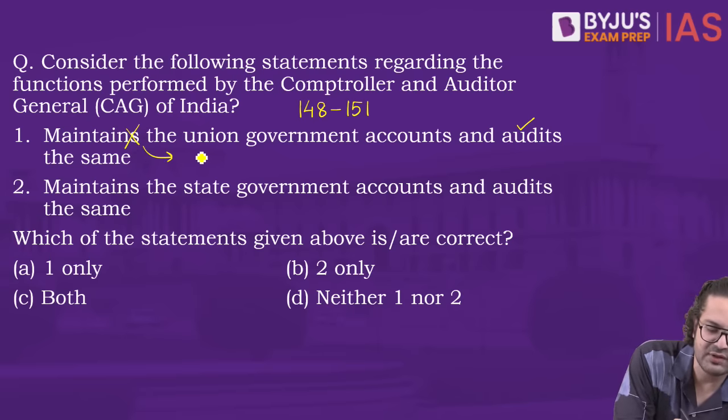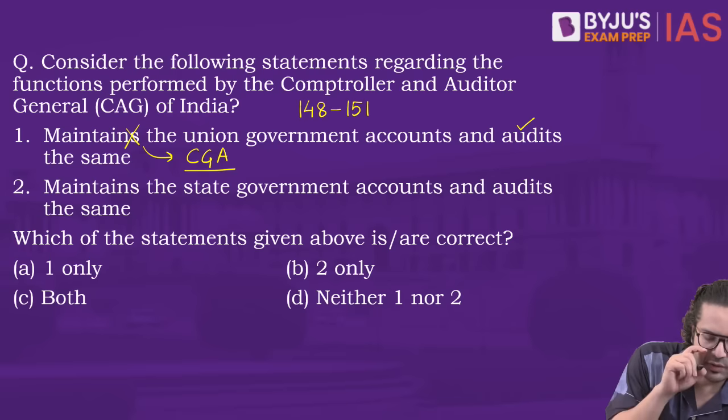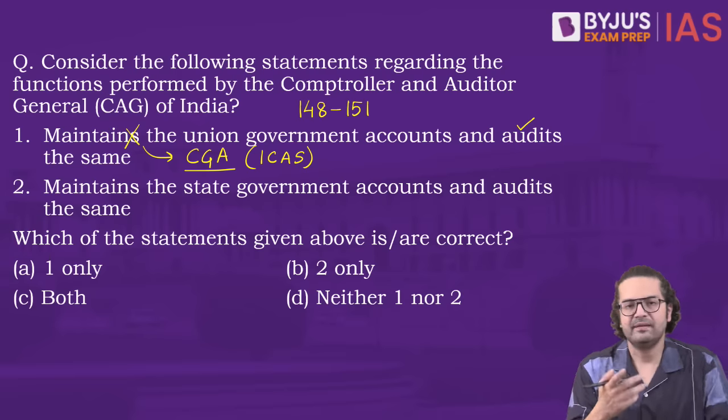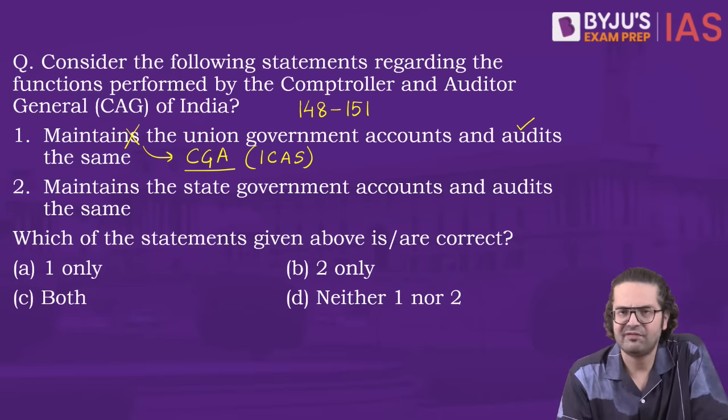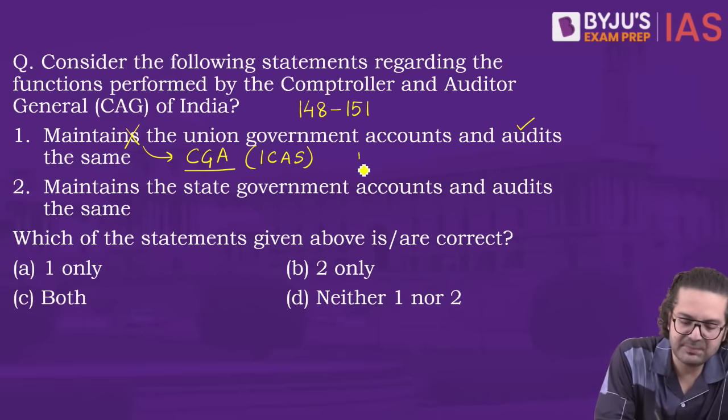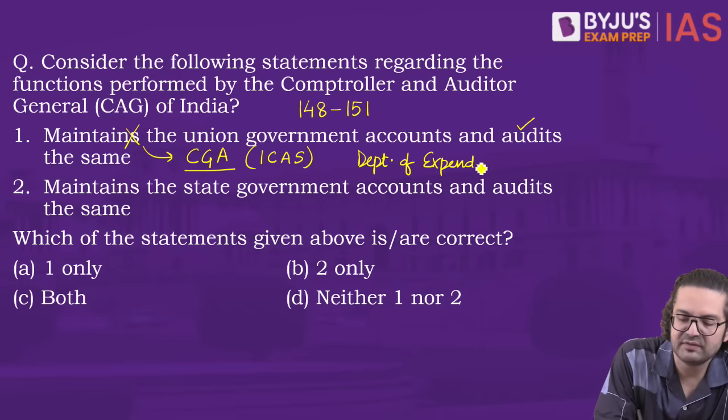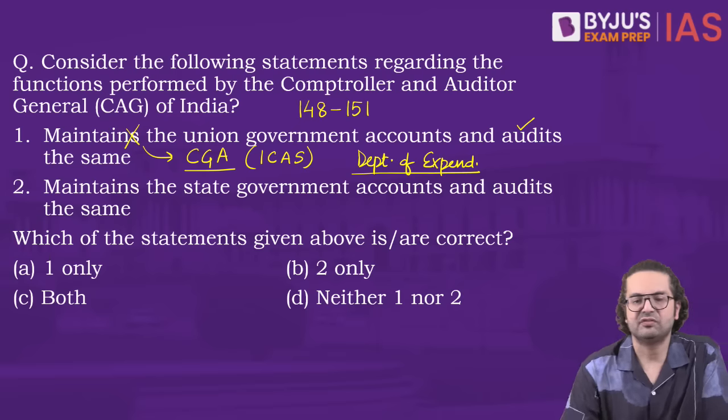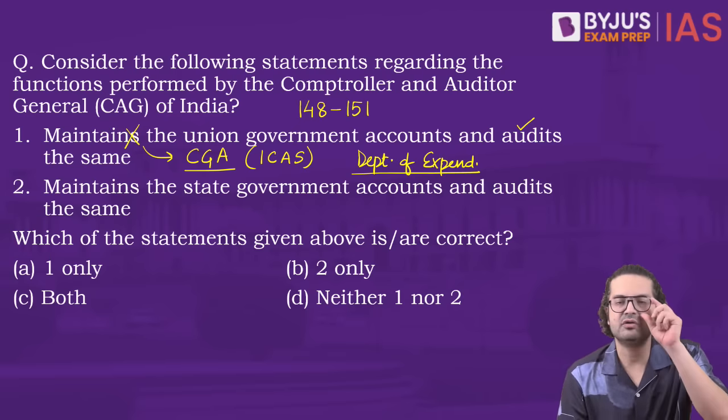Maintenance part has been given to the CGA, Controller General of Accounts, who heads the very important service, ICAS, Indian Civil Account Service. This body is under the Ministry of Finance, Department of Expenditure. And since 1976, it is this office that maintains the account of central government.